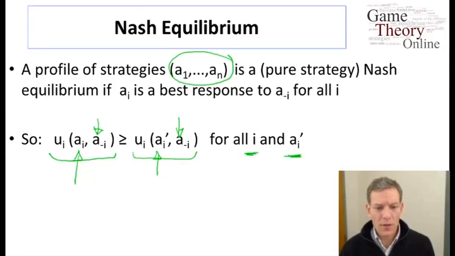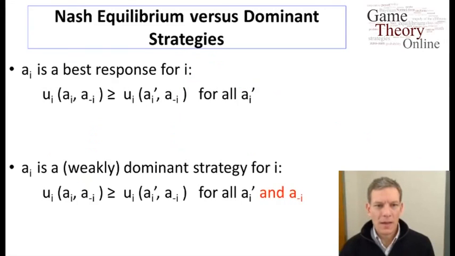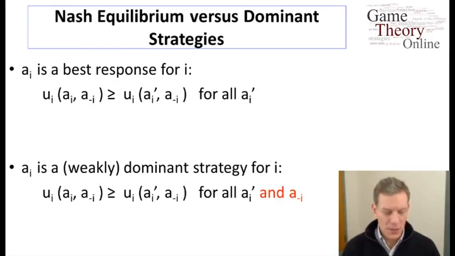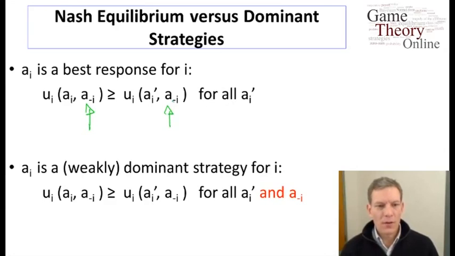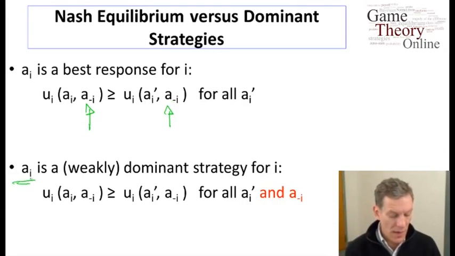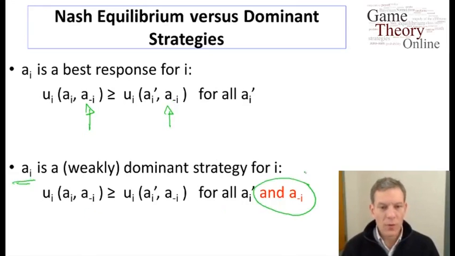Now it's important here to emphasize the difference between Nash equilibrium and dominant strategies. When we talk about Nash equilibrium and best responses, we're holding fixed the a_-i of the other players, whereas when we're talking about dominance, we want a particular action to be best no matter what the other players are doing.